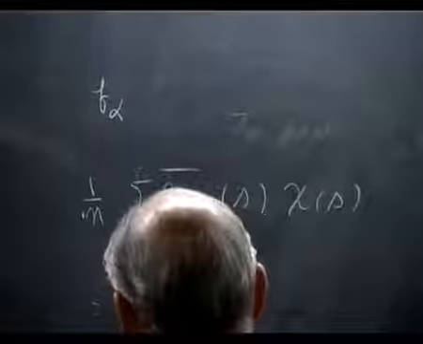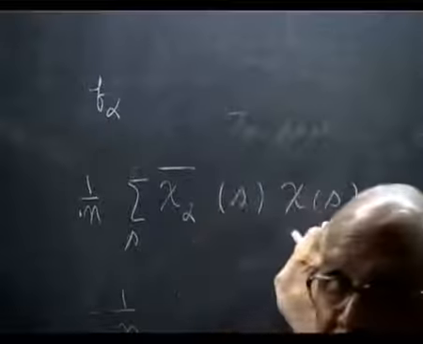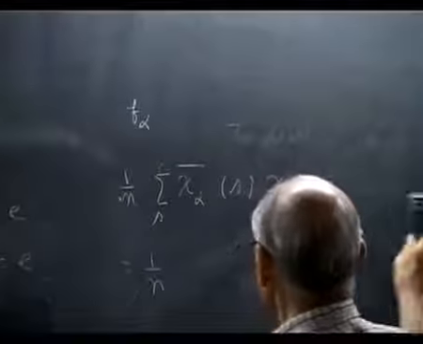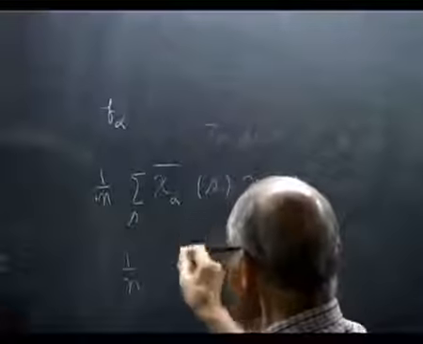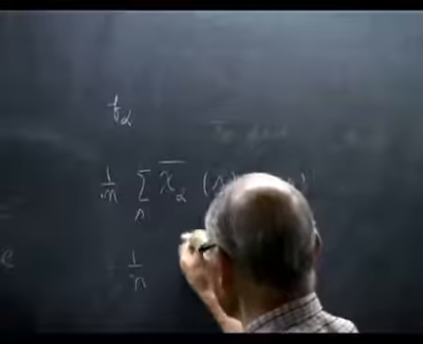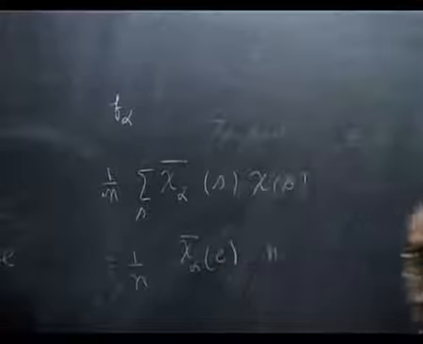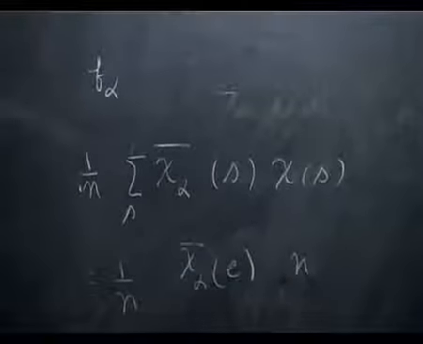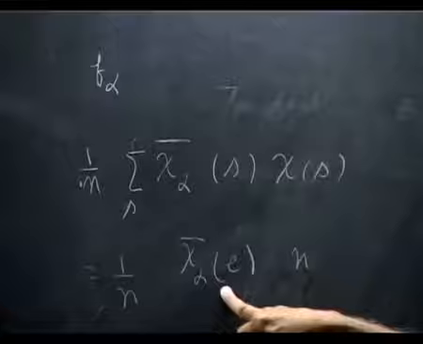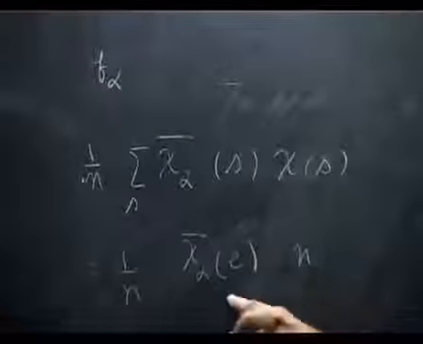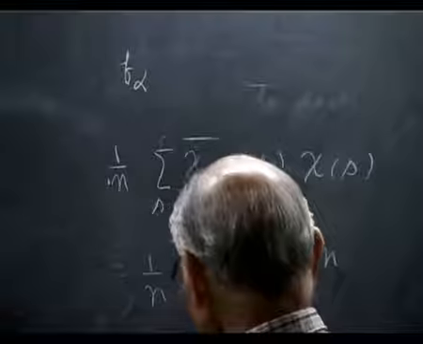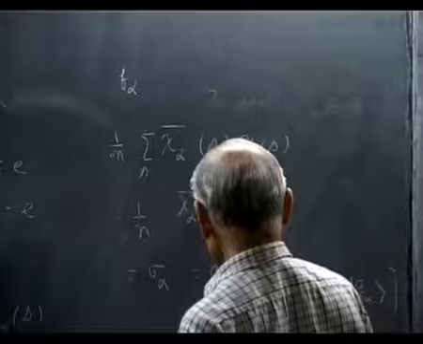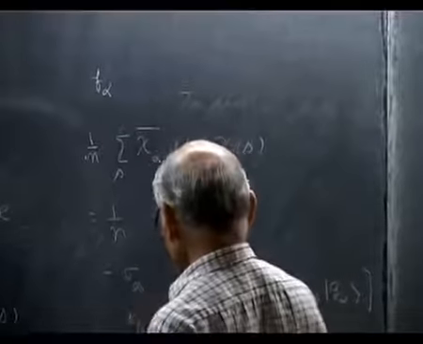So this is 1 over n, but this is all 0 unless S is identity. With the identity you get n here, and this is chi alpha bar of identity. But what is chi alpha bar of identity? It's the trace of the unit matrix in the representation given by alpha, so that is equal to sigma alpha, which is the dimension of IRR alpha.